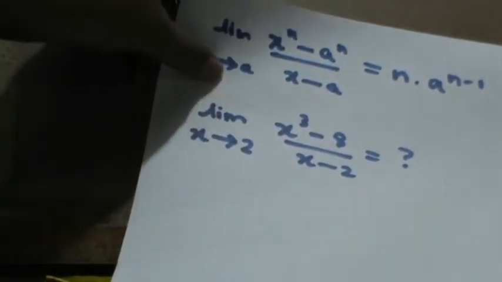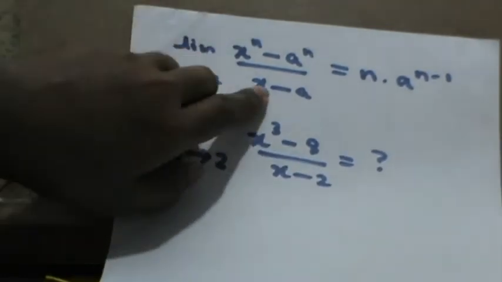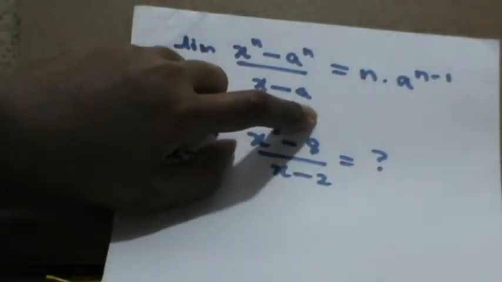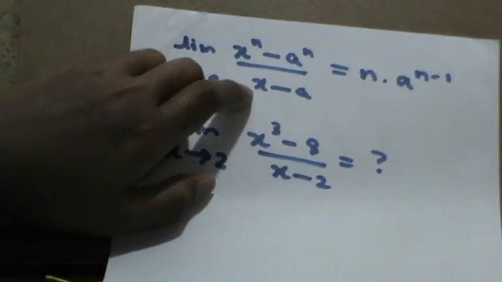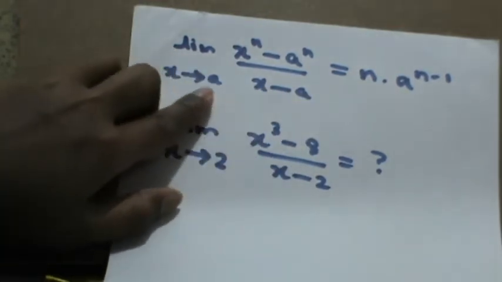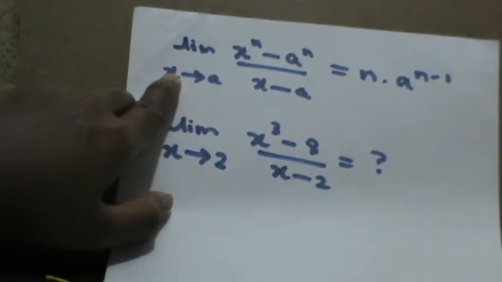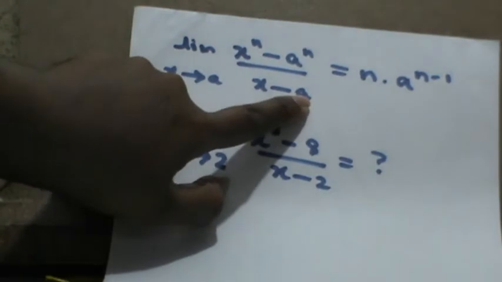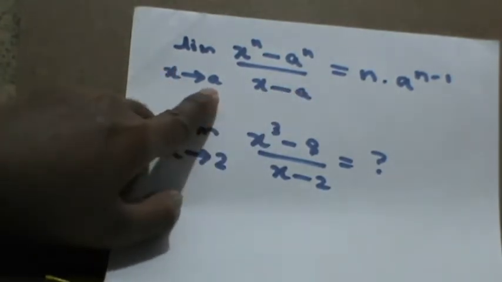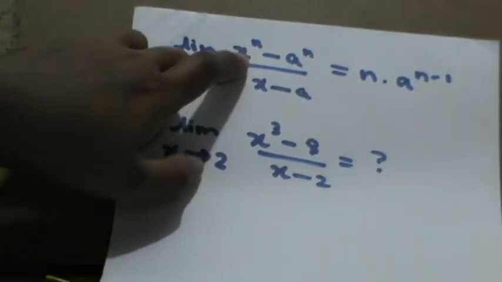What you have to understand here is that there is x minus a, here is x and here is a. On the left side of the arrow it should be x, and the right side of the arrow should be a, with a minus between them, and the two powers should be equal.